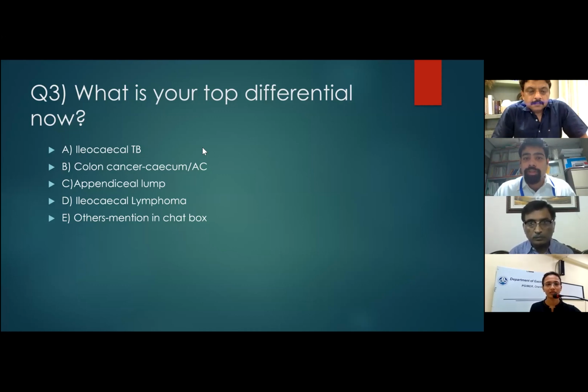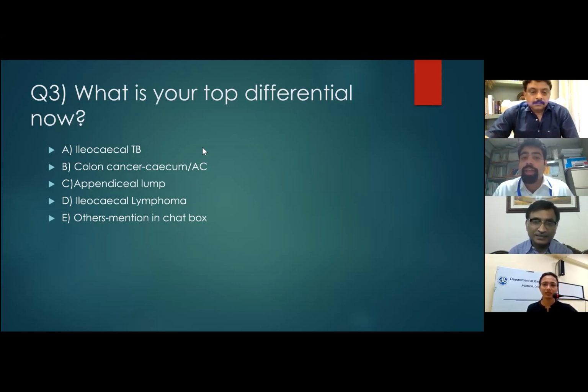It's very interesting to see the changing trend, which we'll shortly share. In fact, we do have the results now. Almost 60% now feel that it is in fact a colon cancer of cecum or ascending colon, whereas after history, majority felt it was an ileocecal TB and only 20% had felt it is colon cancer. And the proportions have reversed.